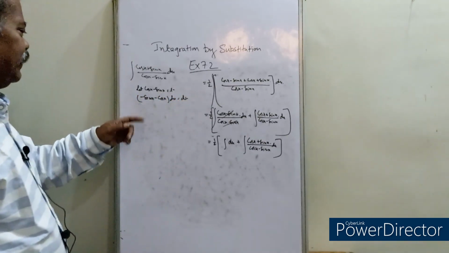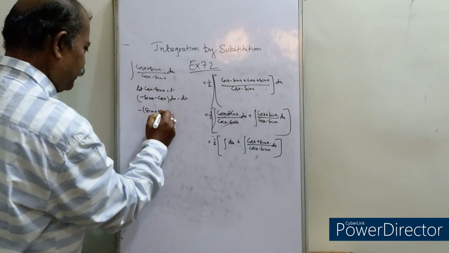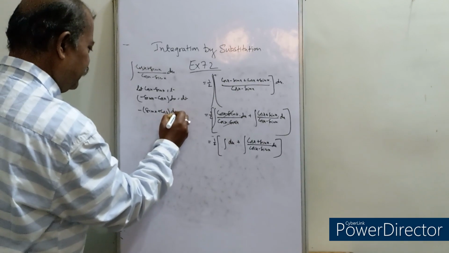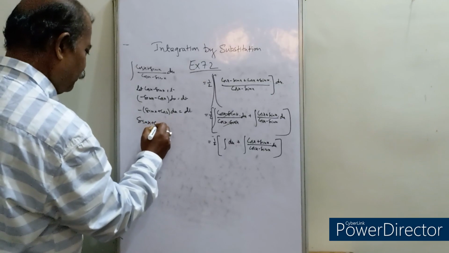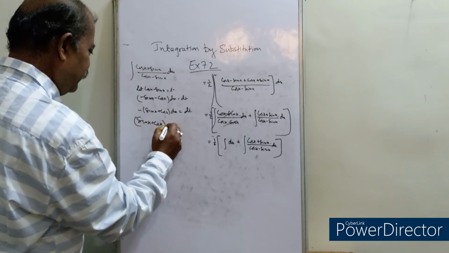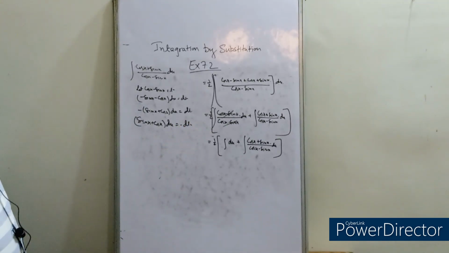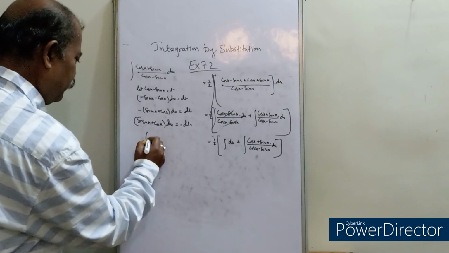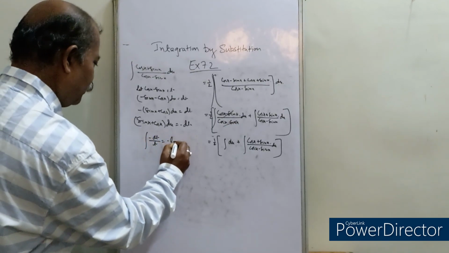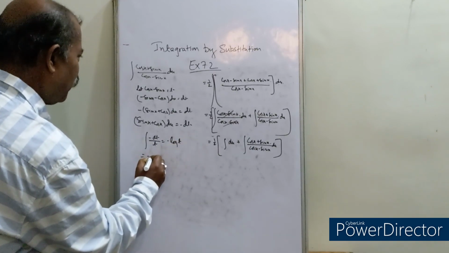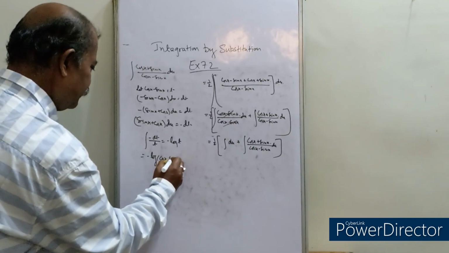Now if I take minus common here, minus of sin x plus cos x dx is equal to dt. So sin x plus cos x dx is equal to minus dt. So here you see the numerator becomes minus dt by t, so this will be equal to minus log t, that is, minus log of cos x minus sin x.